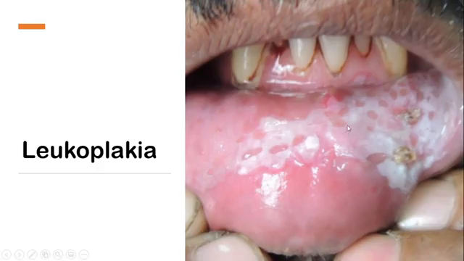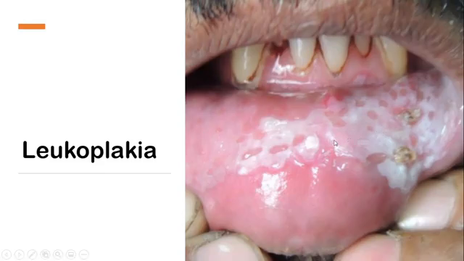hyperkeratosis, and microscopically different stages of dysplastic changes can be identified, even carcinoma in situ and foci of invasive squamous cell carcinoma.